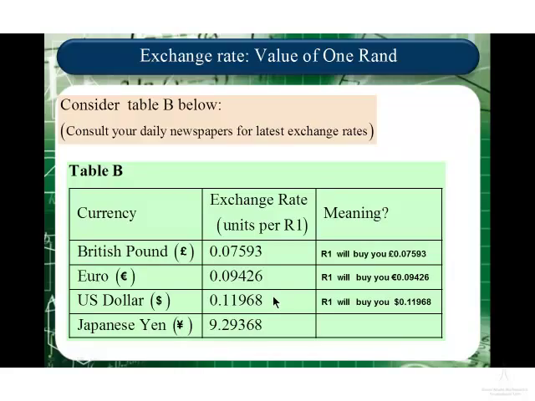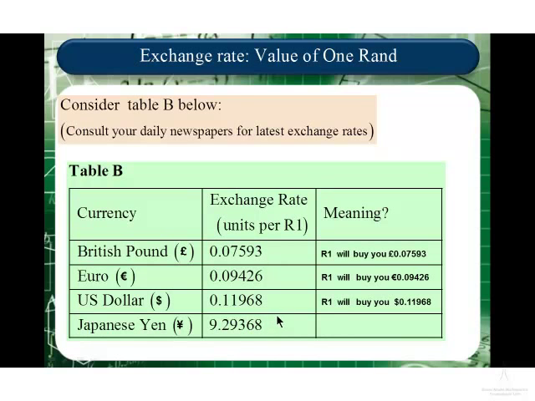It is just the ratio expressed in reverse order, or the reciprocal of the ratio that we have had before. For example, if you take 1 divided by 0.07593, you will get exactly the ratio that we had before on the previous slide, 12 point something, and so on for the euro and for the US dollar, as well as for the yen.